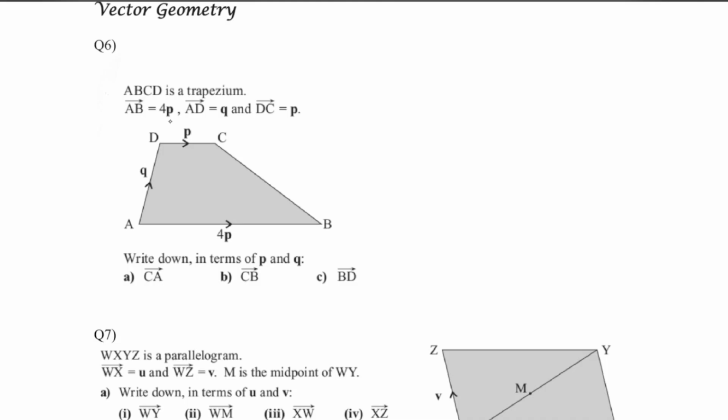AB is given as 4p. This is the size of the vector, or we can say the length of the vector, and AD is q. Okay, and DC equals p. So we have to find out CA. So CA means that starting from C we have to reach A.